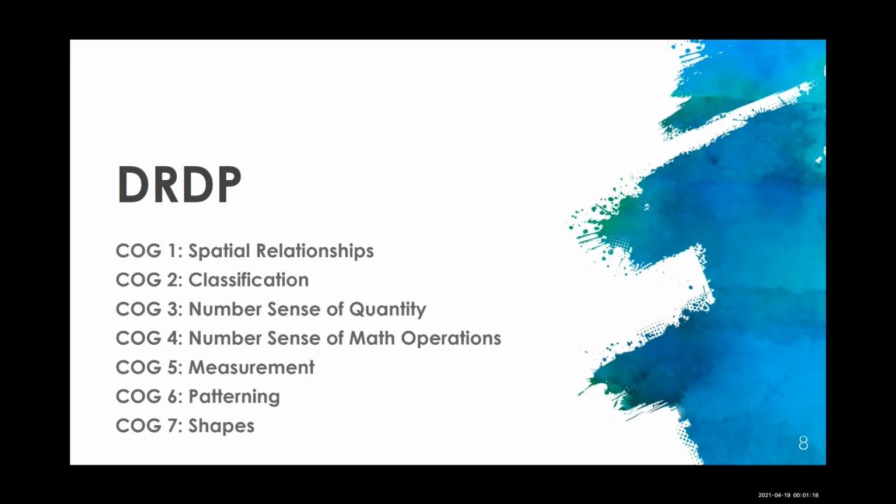And finally, COG 7, shapes, where the child shows an increasing knowledge of shapes and their characteristics. And of course, you can see how these are related to the strands and substrands of the preschool learning foundations and how these all work together to create a cohesive understanding of children's development and learning, and specifically in the area of mathematics.